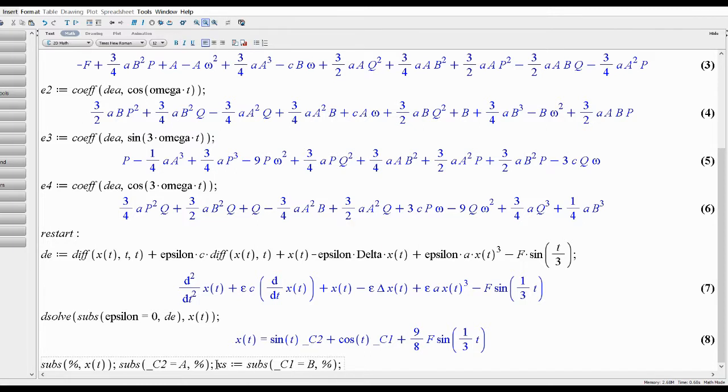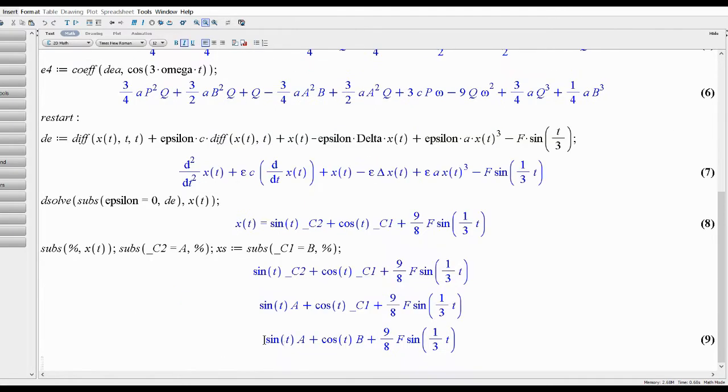Okay, so this is the solution. This is my solution for the slightly perturbed harmonic oscillator, this term was not there. Now notice that my change of variables has a part that is linear in A, a part that is linear in B, and something added on which has a fixed amplitude and phase. Okay, notice that this is a peculiar structure.